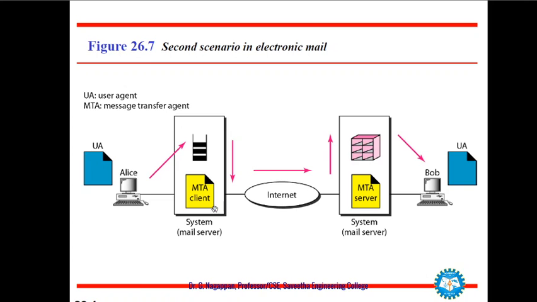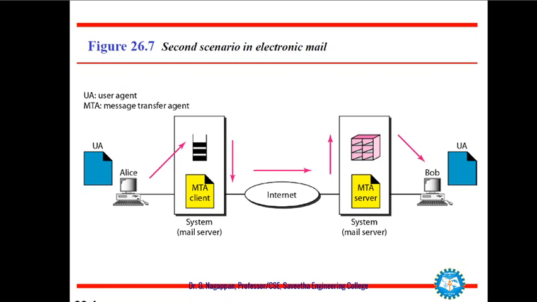On the sender side, the message transfer agent, the MTA client, will receive all the mails in a queue, take them up one by one, and send them through the internet to the MTA server, the mail transfer agent server, at various systems.